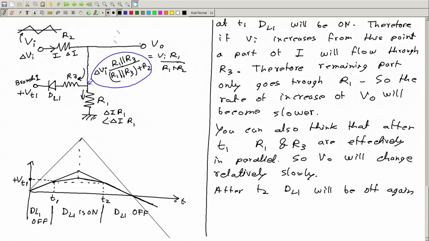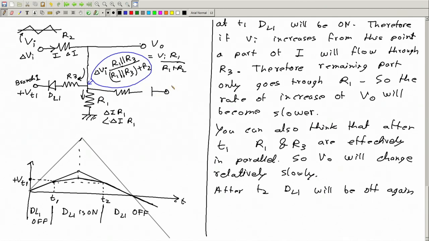So what I shall do, I shall put another symmetrical arrangement. I will put a diode here, and I am actually thinking what to do.